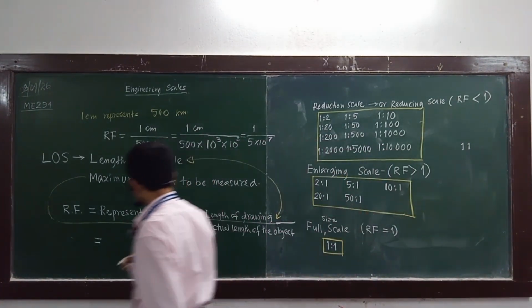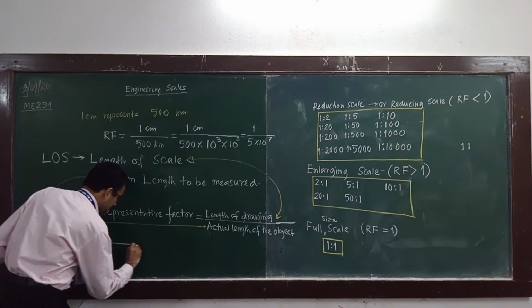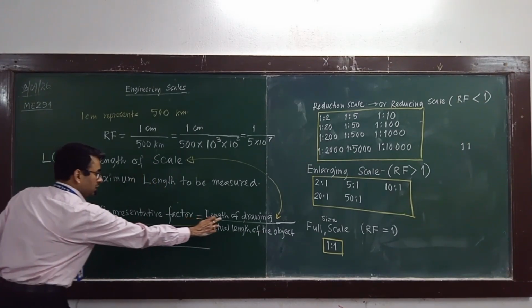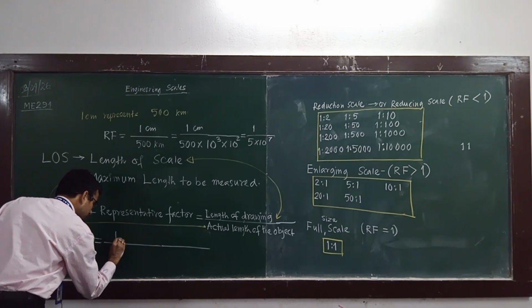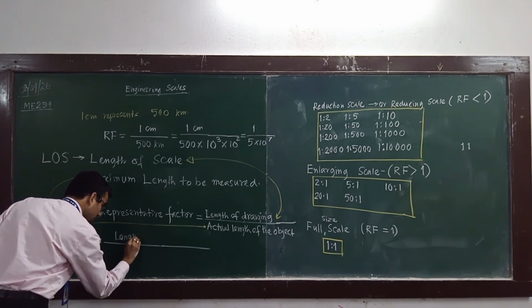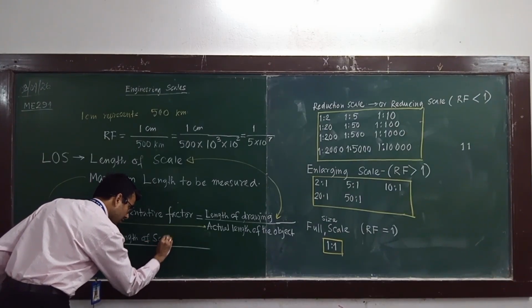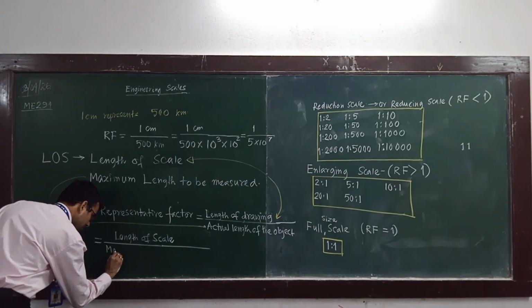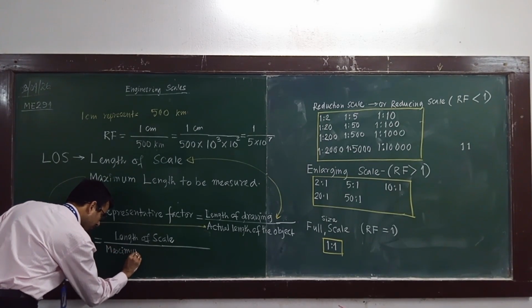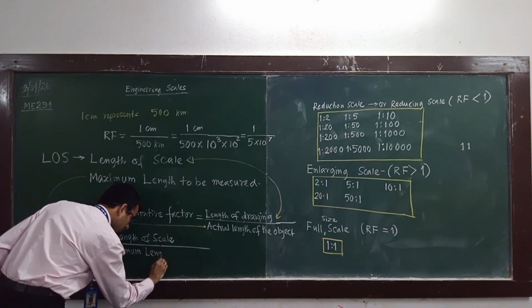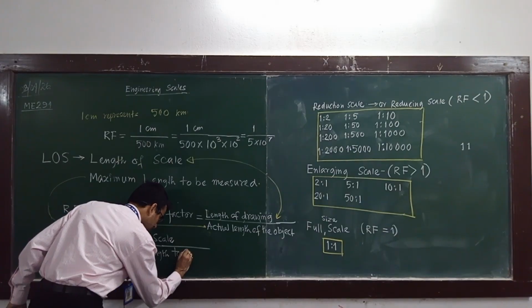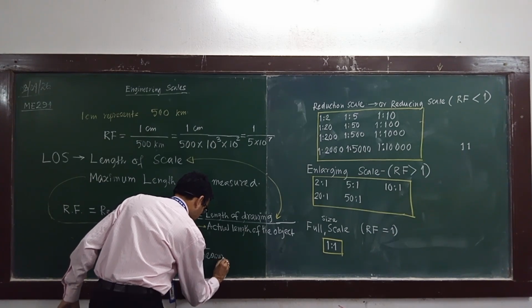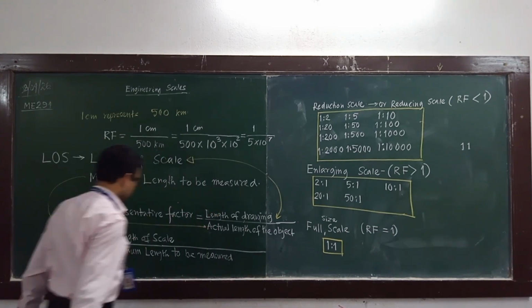Next, therefore I can write the same thing, the representative factor, as length of the scale over maximum length to be measured. Clear or not?